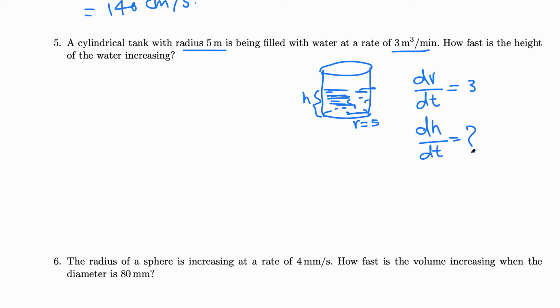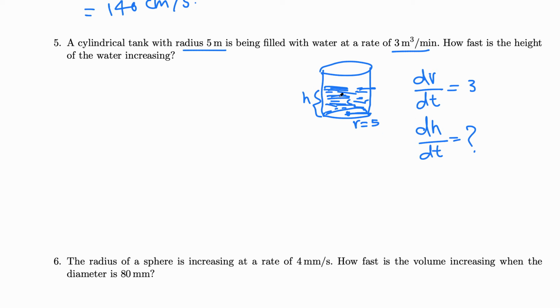So that's the question. So in this case, r is fixed. Okay, radius is not changing, and that's the obvious case here. Just the water is rising here. That means water is being filled at the rate of this. And now we need to determine how fast is the height increasing.